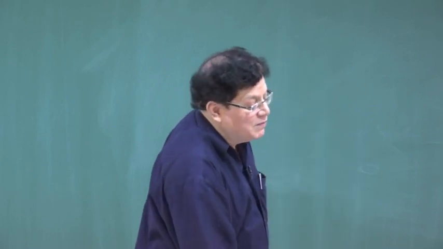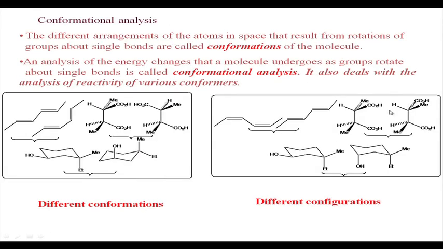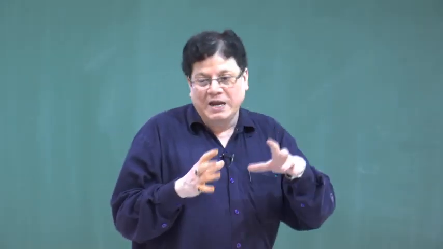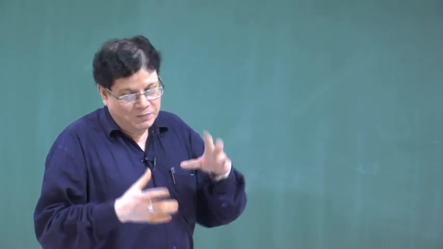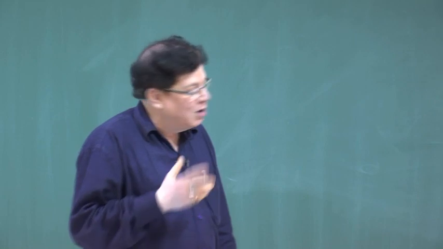That was the simple definition. Now, conformation analysis also means that it deals with the analysis of reactivity of various conformers. So conformation analysis not only says about the energy variation with the dihedral angle, but it also deals with the reactivity of various geometries that you get by rotation, and the reactivity may also be different.